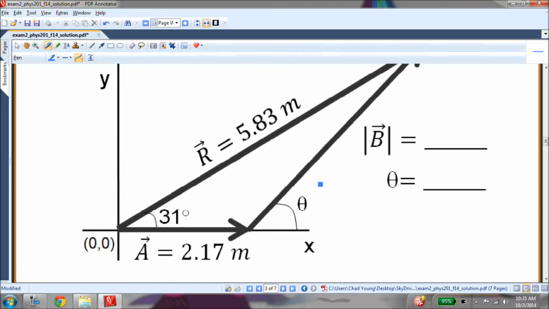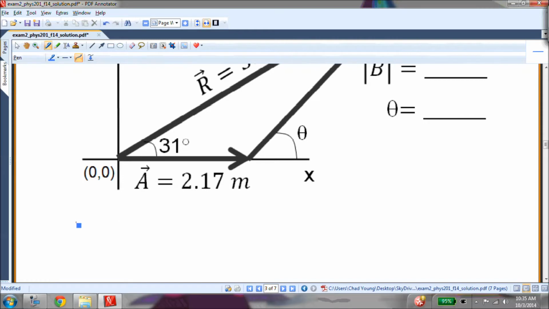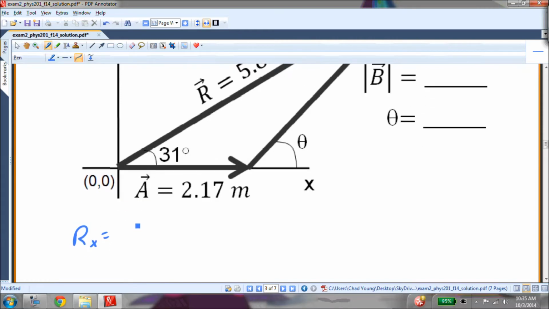I want to find Rx and Ry. So Rx is equal to, what's my magnitude there, 5.83 cosine of 31. And that's equal to 5 meters. And Ry is 5.83 sine of 31.